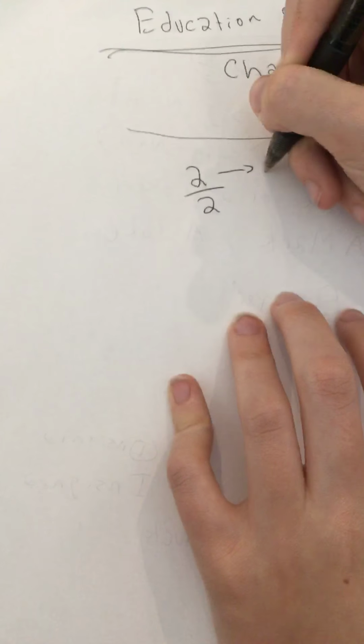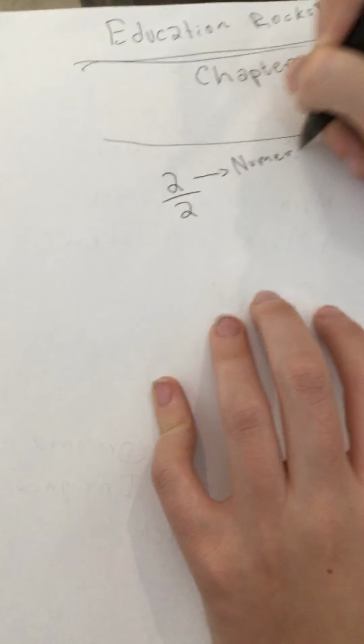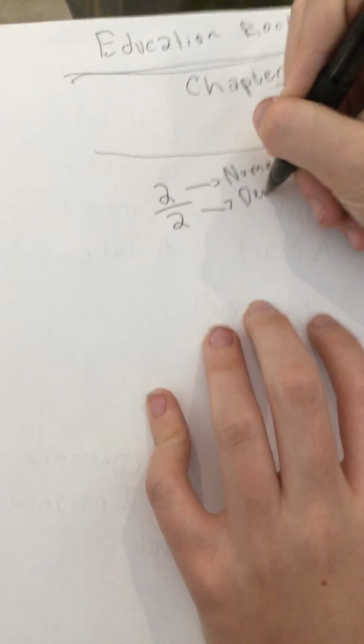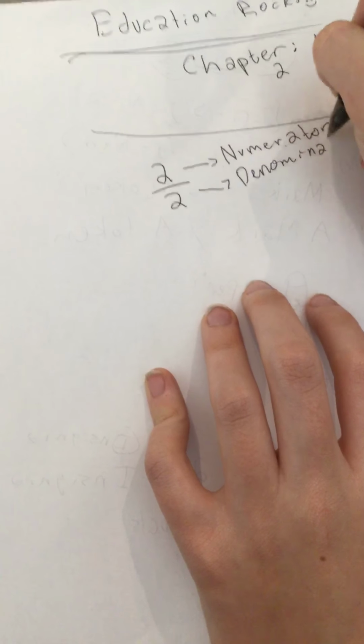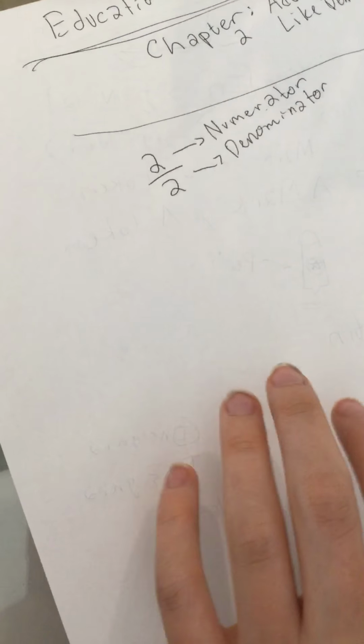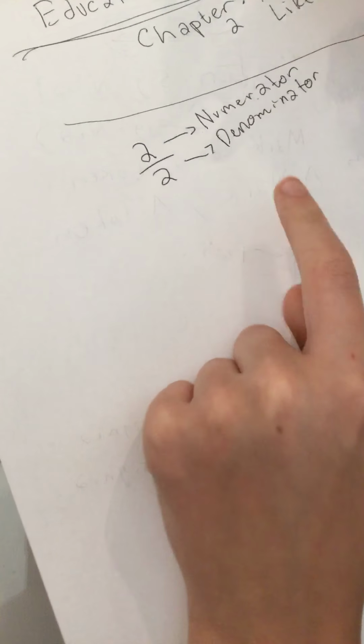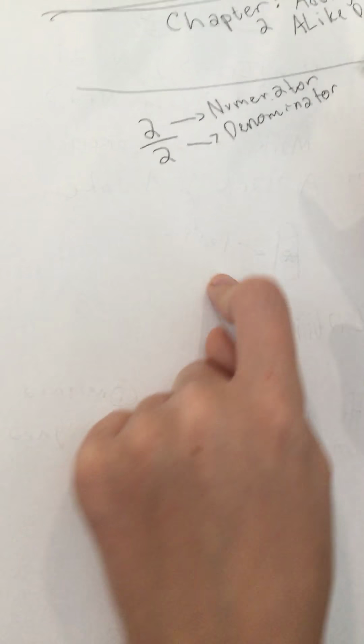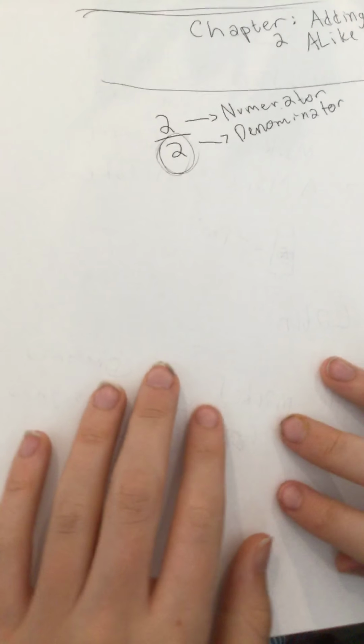The top is always the numerator of the fraction, numerator. The bottom is always the denominator. So we know that I'm going to put a like fraction. And then this denominator, we know that the two fractions that we're adding have the same denominator, the bottom number.